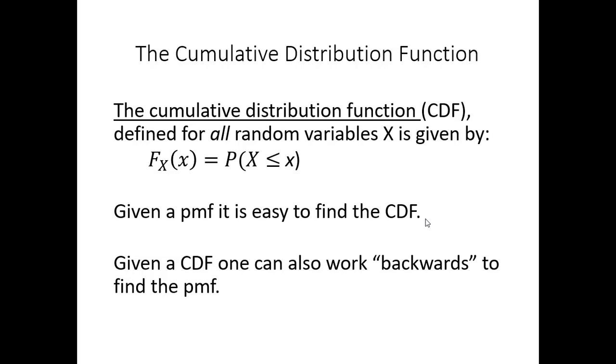We'll do that in the next example. But you may also see in some of the exercises that given a CDF, one can work backwards to actually find the PMF.